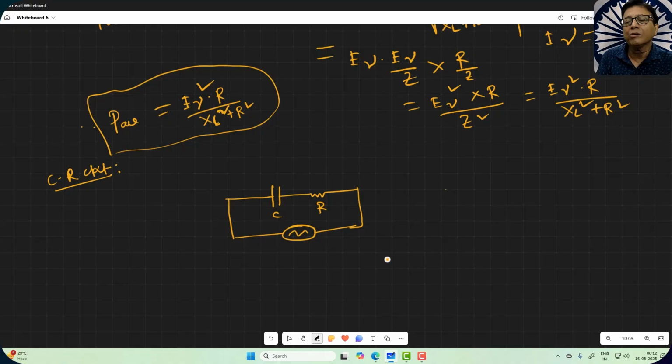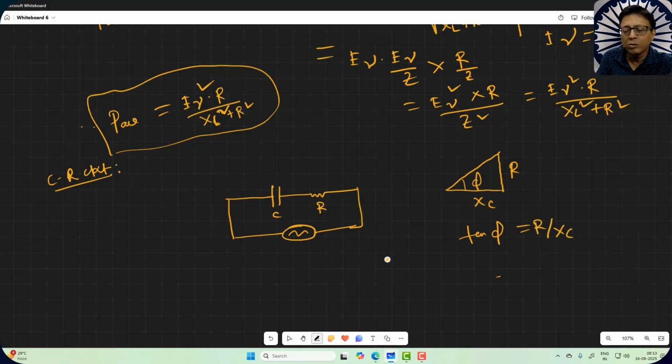You take the same way because current will be taking this way, and this is XC, this is phi. Tan phi equal to what? This is VR, so tan phi will be R by XC. No, this will be XC by R.